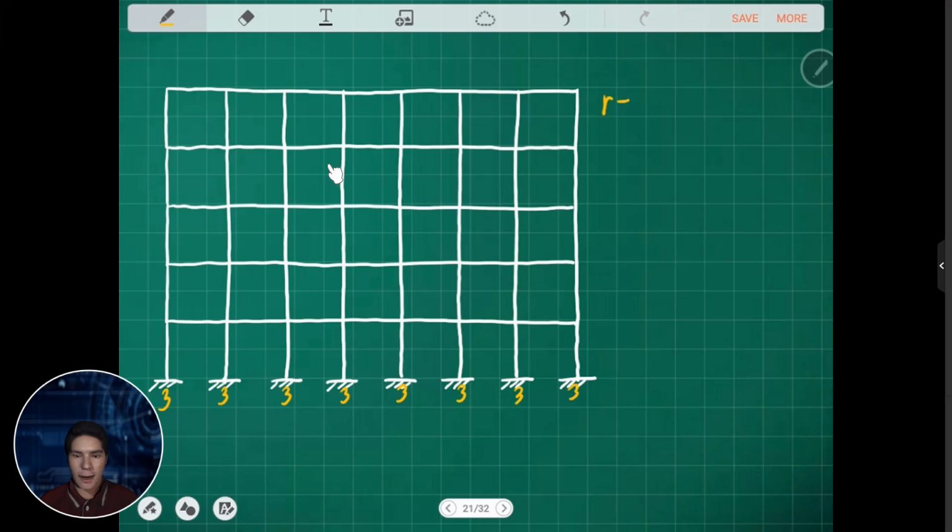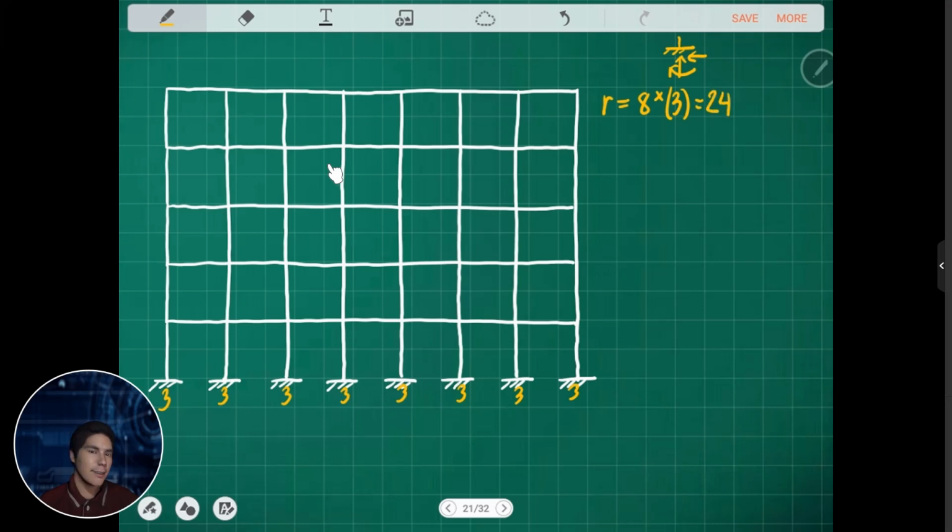So the number of reaction is we have 1, 2, 3, 4, 5, 6, 7, walong 8, walong tag 3 reactions. So I just need to multiply 8. Okay? So ito yung tatlong reactions for the fixed support. So walo lahat. So we have 8 times 3. So that is 24.